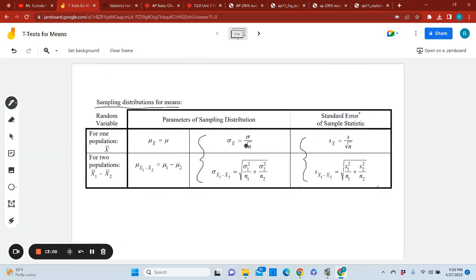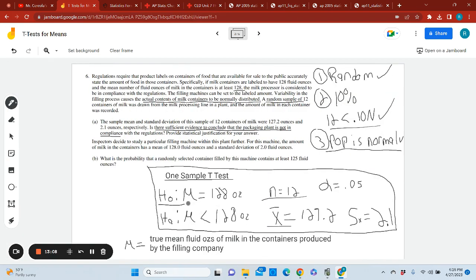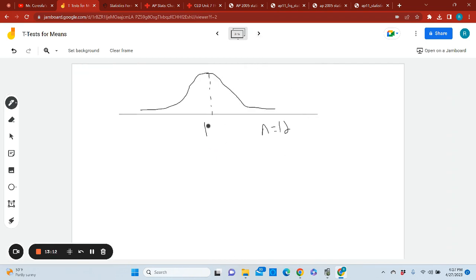According to my formulas at the beginning, the mean of a sampling distribution should be equal to the population mean. And remember, we're going to run the test assuming that the null hypothesis is true. So if that's true, this thing should center at 128 ounces, okay?